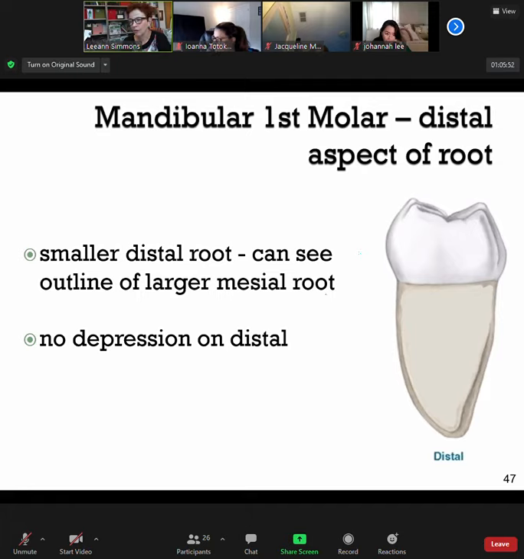And there is no depression on the distal root characteristically, meaning there can always be one, but that's not the answer to the question, okay? This tooth is typified by a deep mesial depression on the mesial root. The distals tend to be flat, which makes them easier to treat.